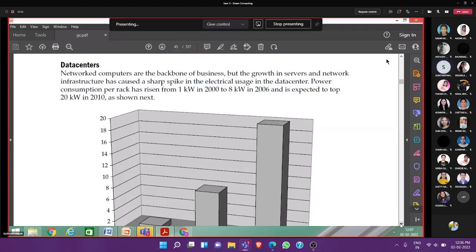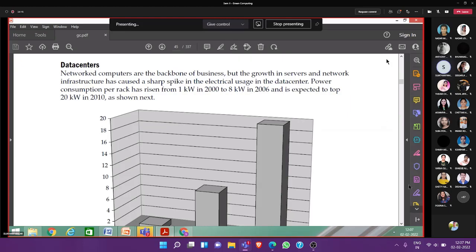So power consumption per rack has risen from 1 kilowatt in 2000 to 8 kilowatts in 2006 and is expected to top 20 kilowatts in 2010. Now we are in 2022, so it has increased. Here they have given the word rack.